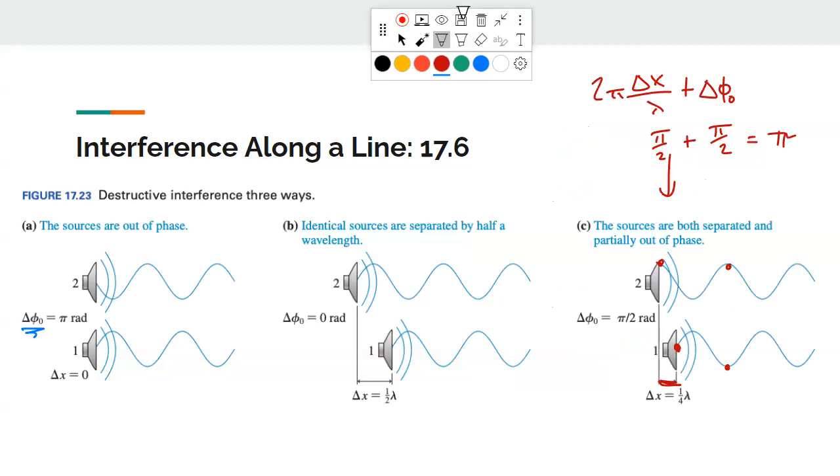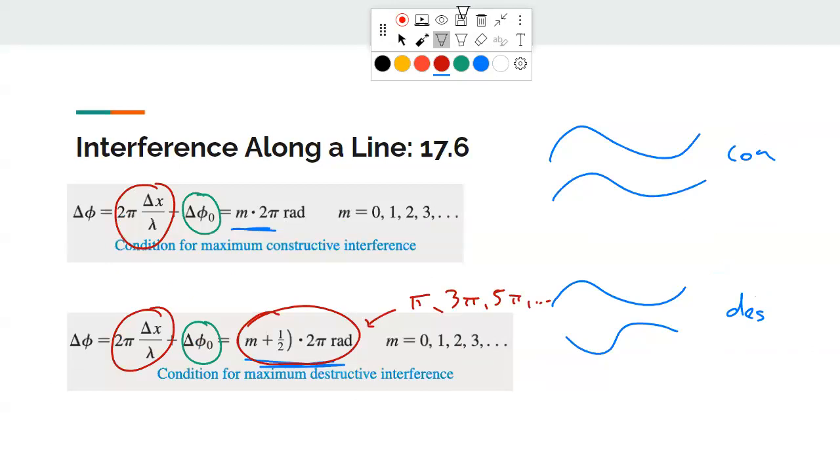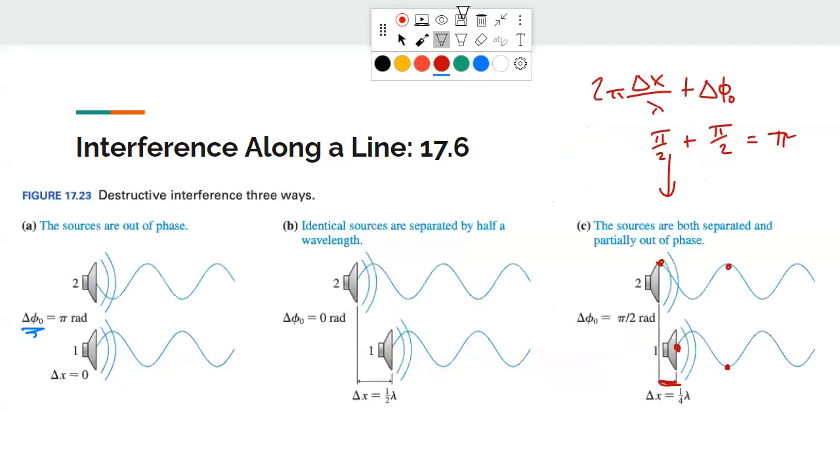So to use this 17.6 formalism, we want to write out what delta phi is, which is just, we want to use this equation. So this is delta phi. We want to use this equation where the delta x is how are these speakers positioned, how far away from each other in terms of the wavelength. And delta phi naught is how are the sources of the sounds out of phase at the point of the speakers.